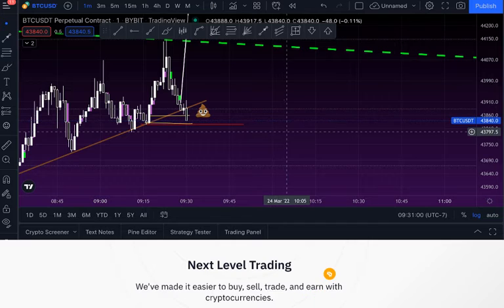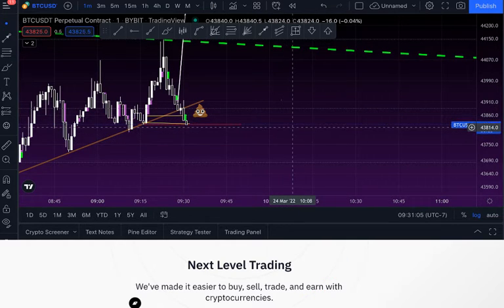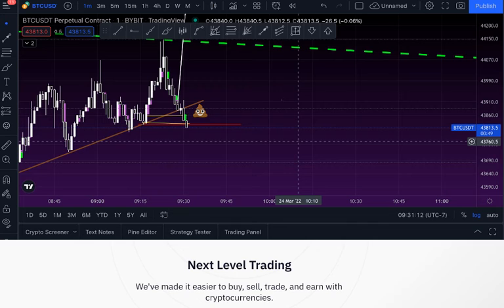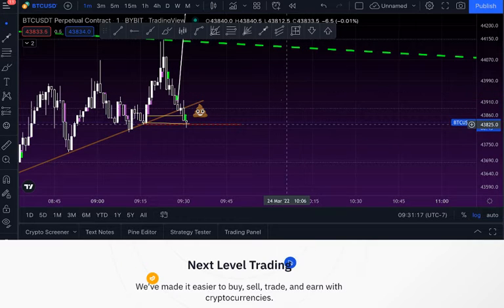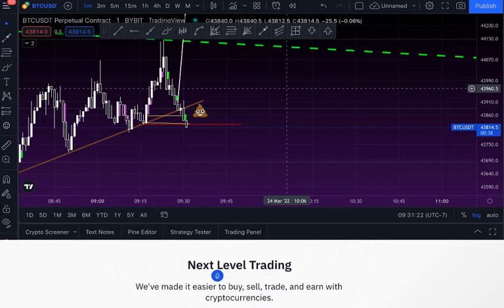Down $12, $15 now. 6.5%. So it's starting to break this, and I'm getting a little bit concerned, but we'll hold underwater, because obviously I expect a bounce back a little bit.